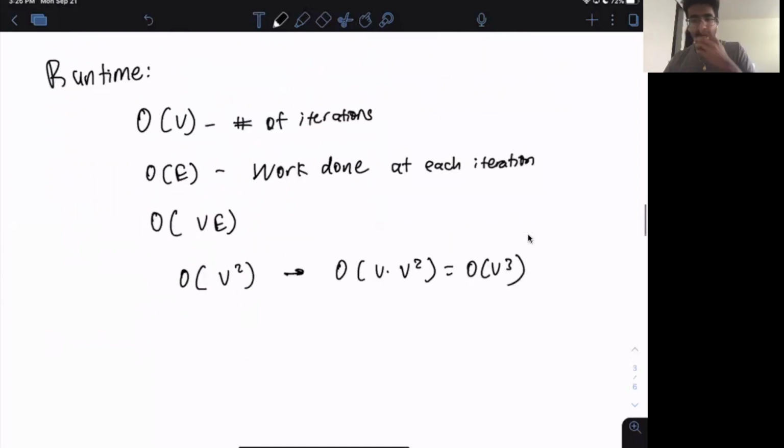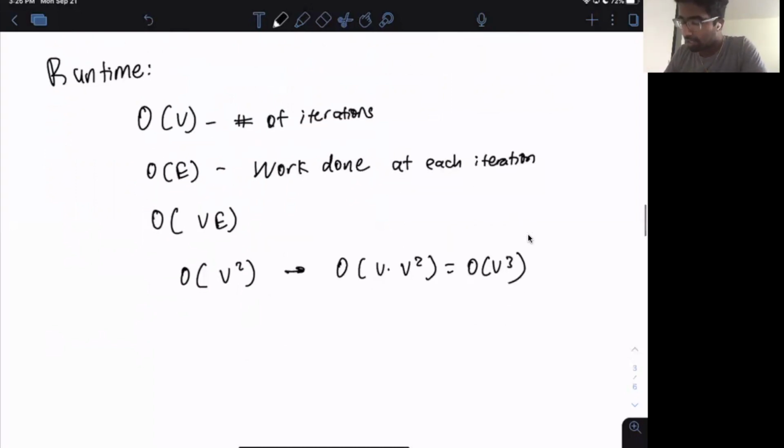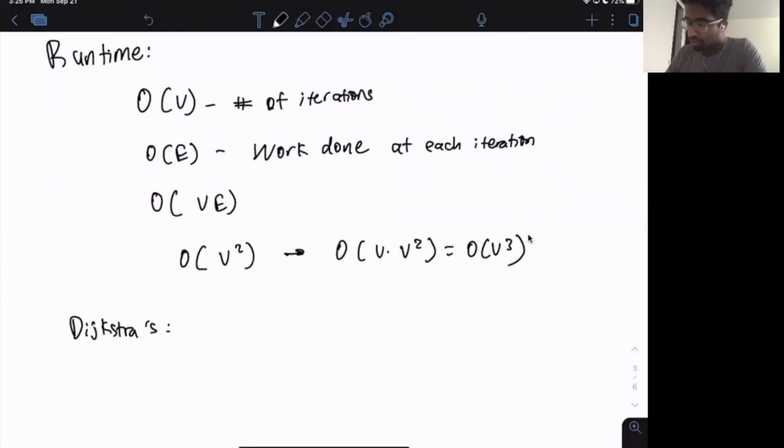And if we compare that to the runtime of Dijkstra's, the runtime of Dijkstra's is essentially O of (V plus E) log V. And so as you can see, Bellman-Ford is a little bit more expensive, but we need that extra cost in order to explore all the possible shortest paths to a node.